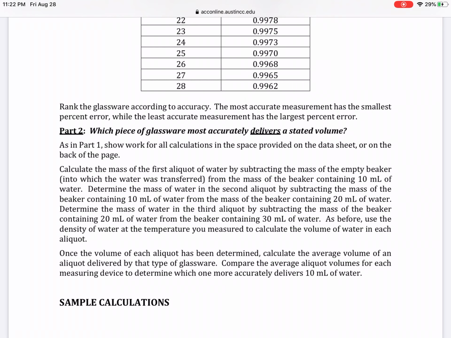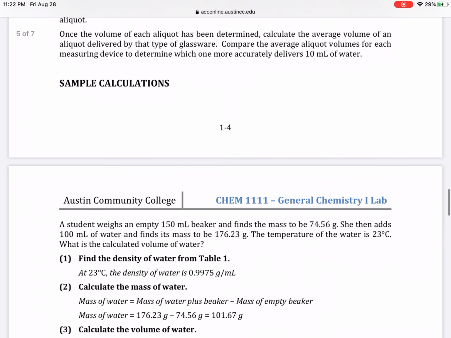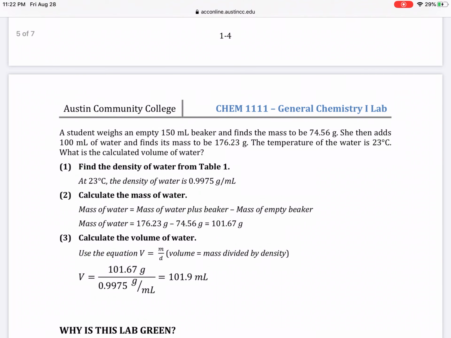Again, you can read the procedure and how to do the analysis. It also gives you a sample calculation here for you to get familiar with the calculations given in your pre-lab assignment as well as your post-lab calculations. So you go through this as well, leisurely, so you will understand how to perform the calculations.